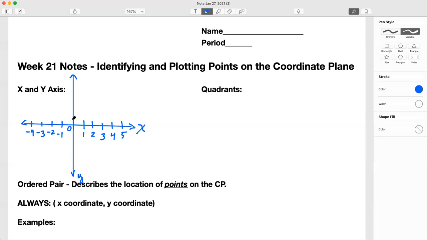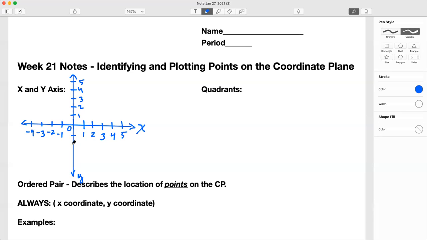You may be familiar with this, you may not be. But when we number the y-axis, the one that goes vertical, the numbers above this x-axis are going to be positive, and the ones below are going to be negative. So 1, 2, 3, 4, 5. 0 is still right here.